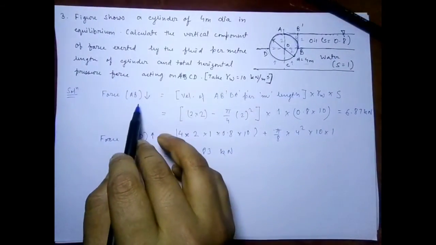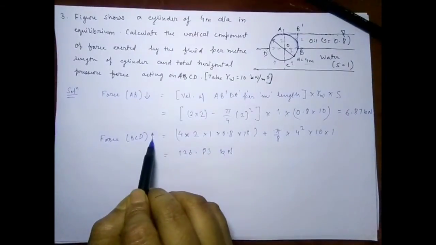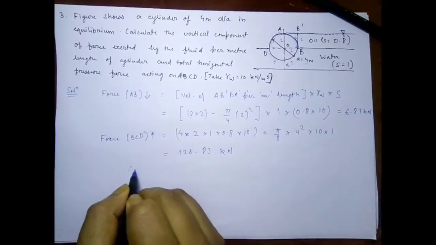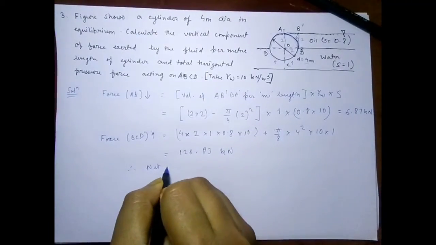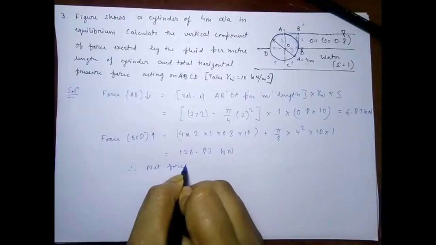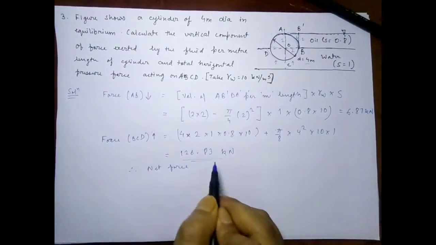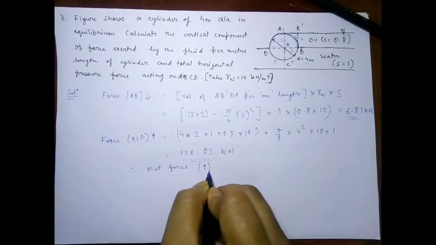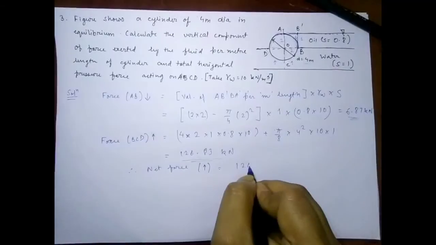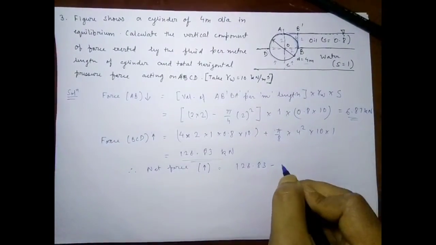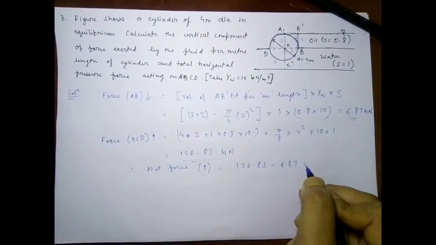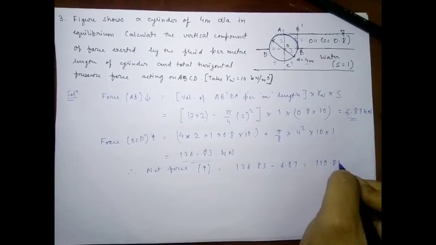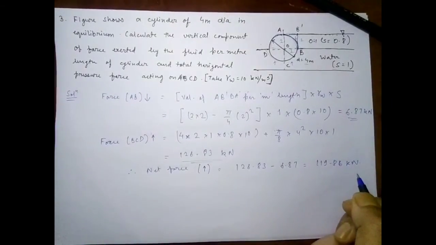So we have the force on AB downwards and the force on BCD upwards, and therefore we can get the net force. Because the upward force is more than the downward force, the net force will also be upwards, and it is equal to 126.83 minus 6.87, which is 119.86 kilonewtons.